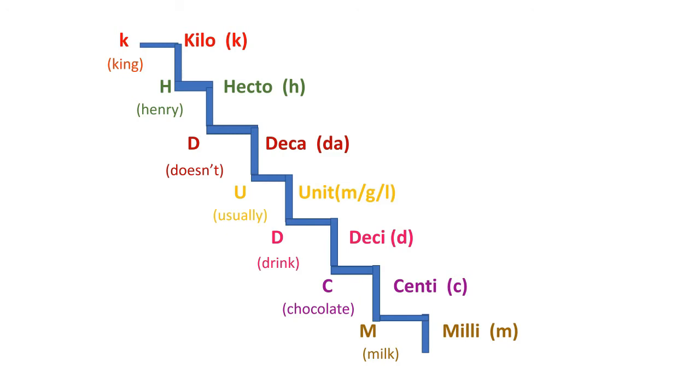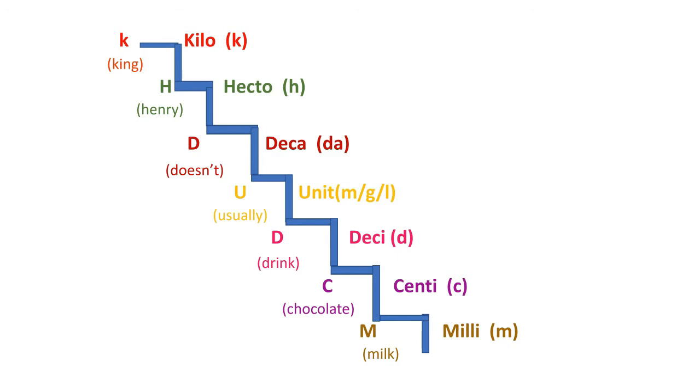If you talk about weight, it will be gram, and if you talk about capacity, it will be liter. So U stands for usually. Then deci, we take D, drink, and centi, C, chocolate, and milli, M, milk. So the sentence is King Henry doesn't usually drink chocolate milk.